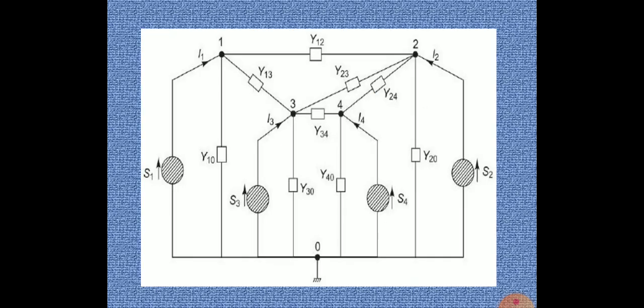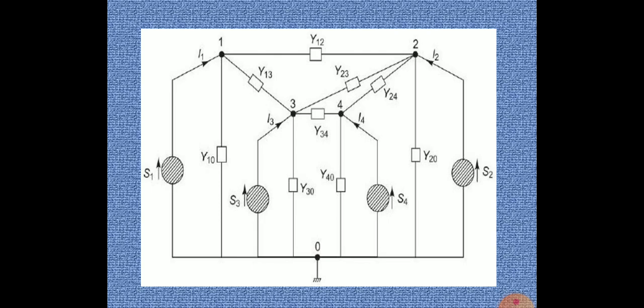Next, I3 is equal to y30 v3 plus y13 (v3 minus v1) plus y23 (v3 minus v2) plus y34 (v3 minus v4). Next, the I4 equation, the current equation for the fourth bus: y40 into v4 plus y24 into (v4 minus v2) and y34 into (v4 minus v3).